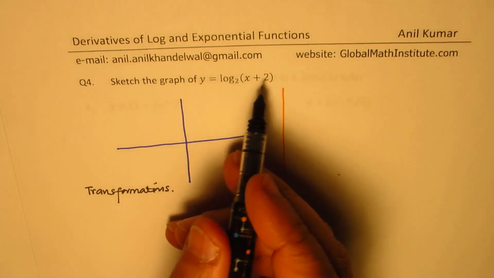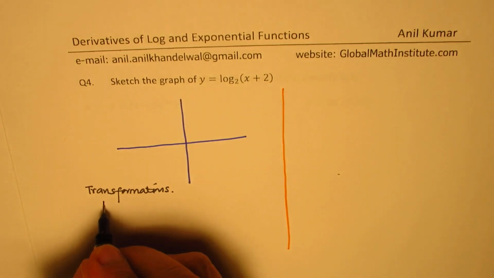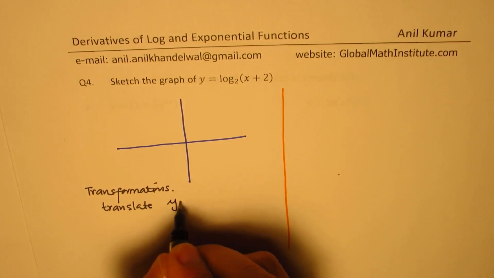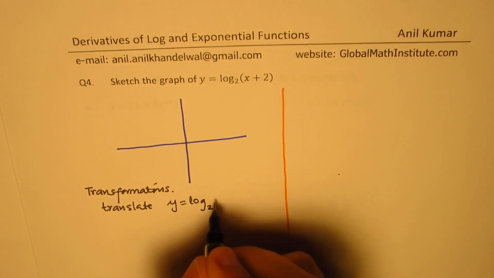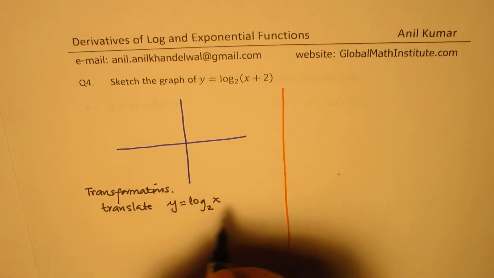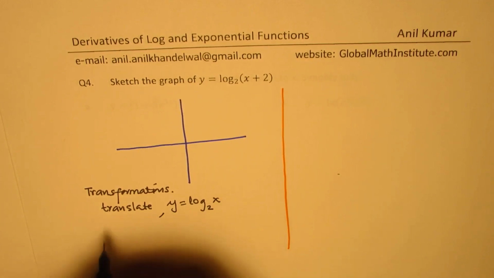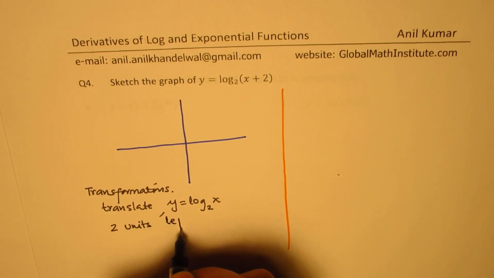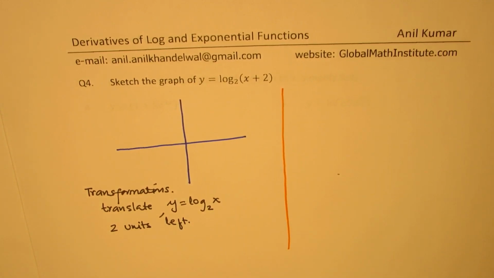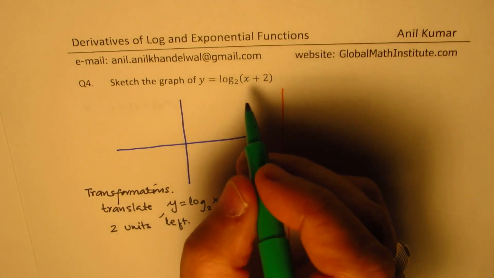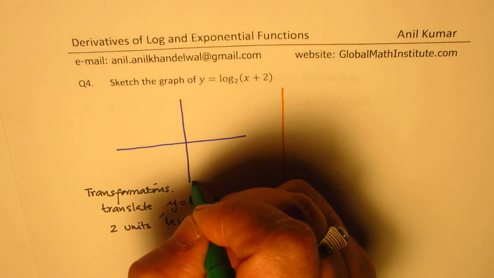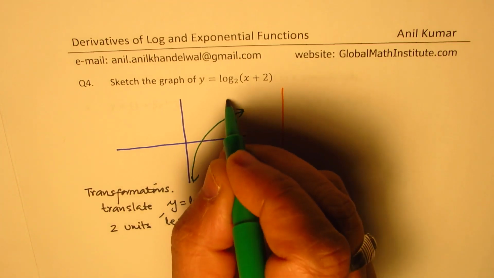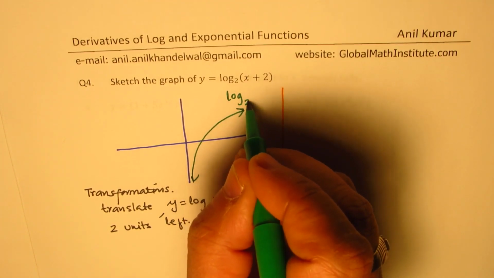Basically it means that we need to translate y equals log to the base 2 of x, 2 units left, correct? So let me sketch the graph of log to the base 2 of x.